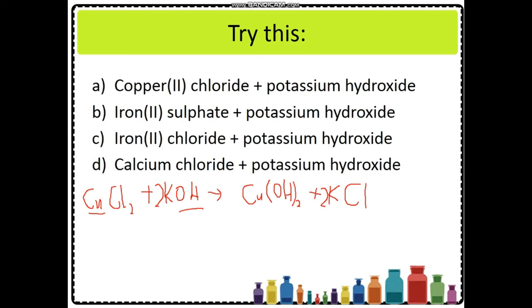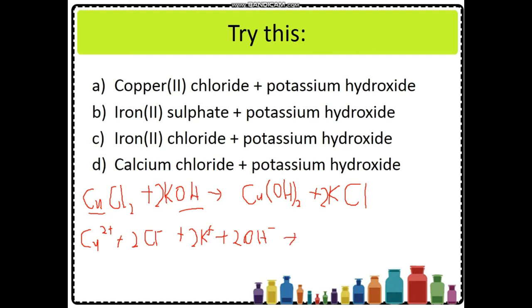For the ionic equation, Cu2 plus, because copper chloride is a soluble salt, plus 2Cl negative, plus potassium hydroxide also soluble, 2K plus, 2OH negative, produce copper hydroxide.